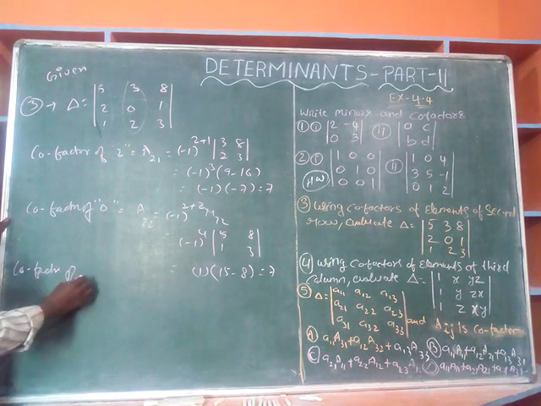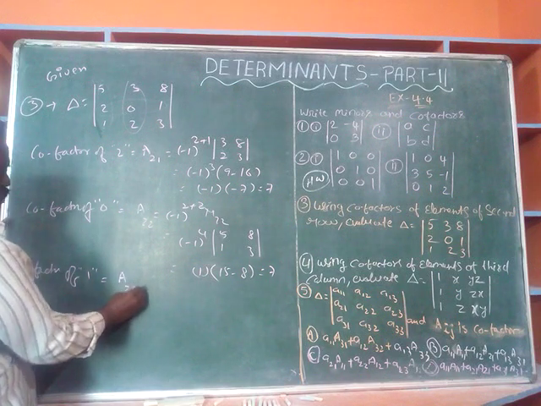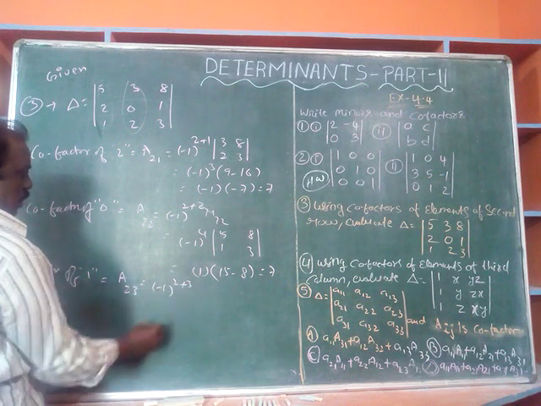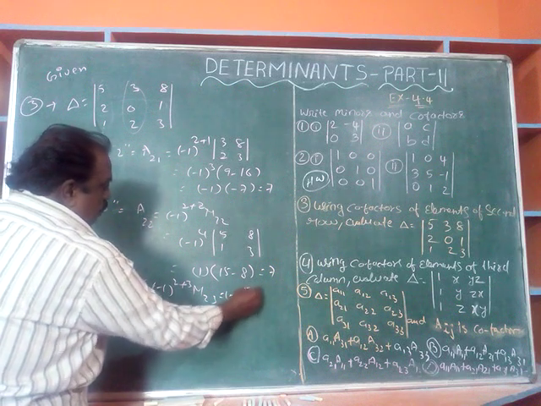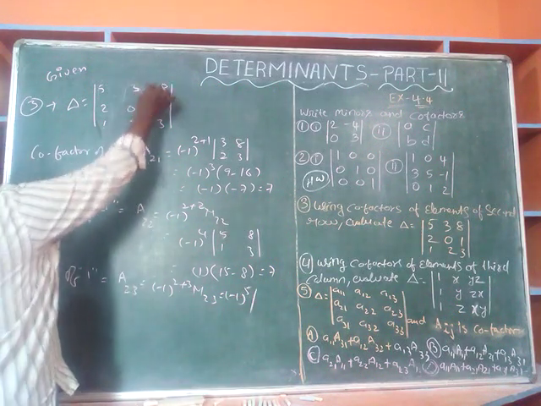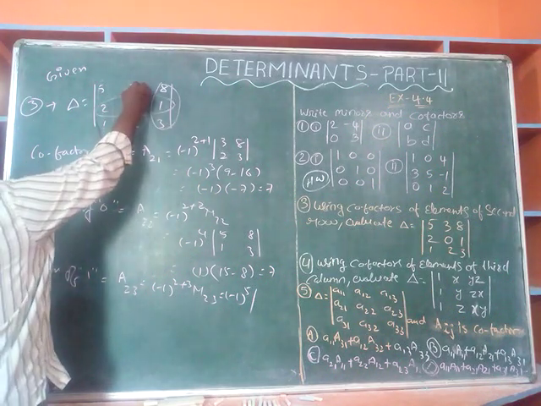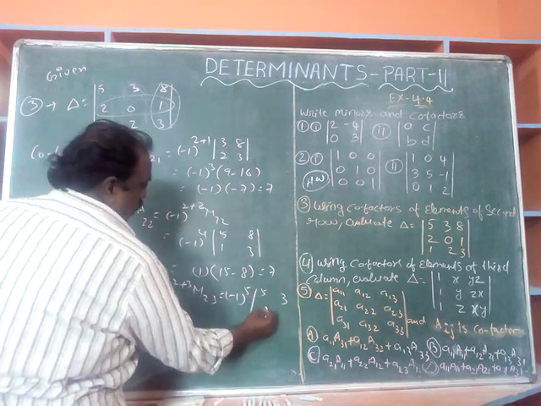Next, the cofactor of 1. That is second row, third column, here 2, 3. Minus 1 power 2 plus 3, into M23. That is minus 1 power 5 into the determinant. After deleting the row and column, we get 5, 3, 1, 2.